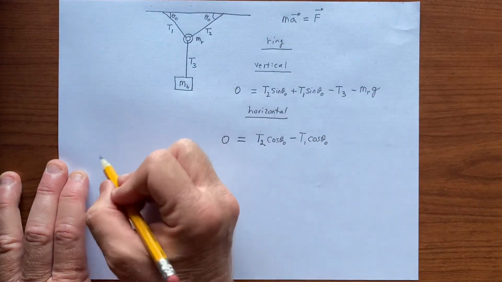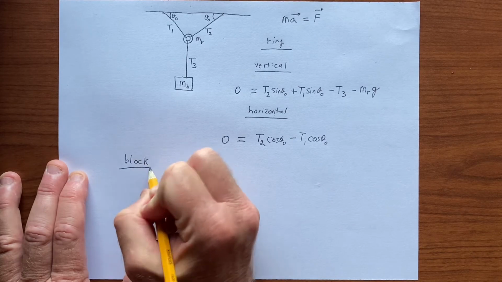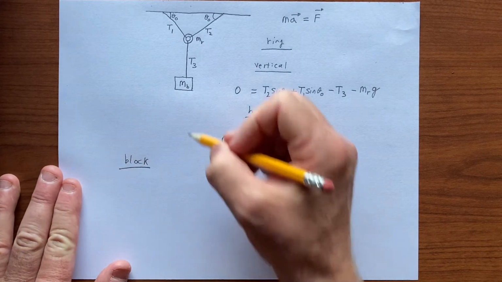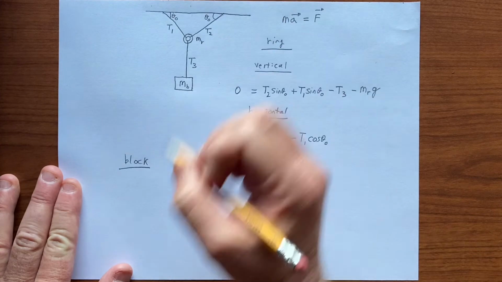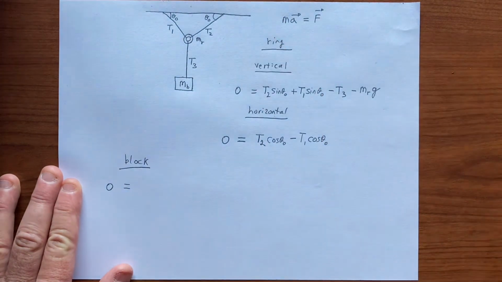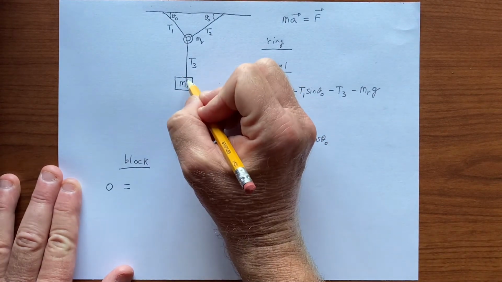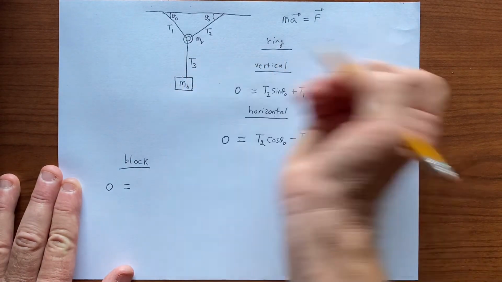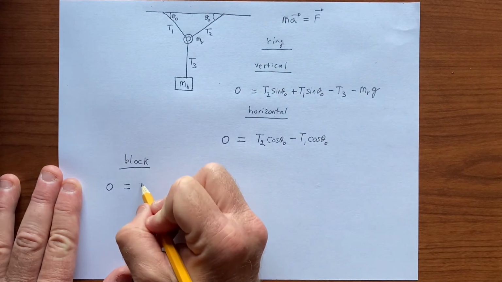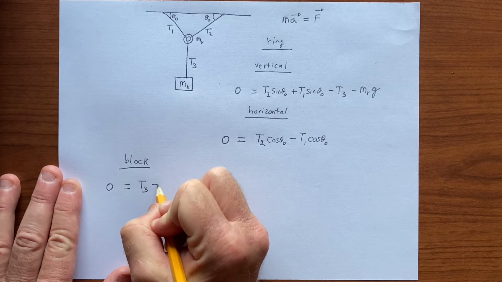Now the other object, the block. There's only an interesting vertical component, with 0 acceleration in the vertical direction. If we made a free body diagram, we would just have T3 upwards and the gravitational force downward, which allows us to write the forces with opposite sign.